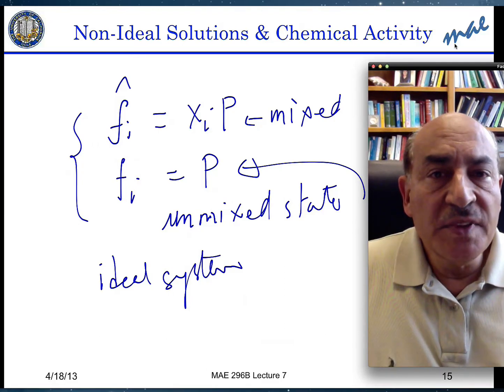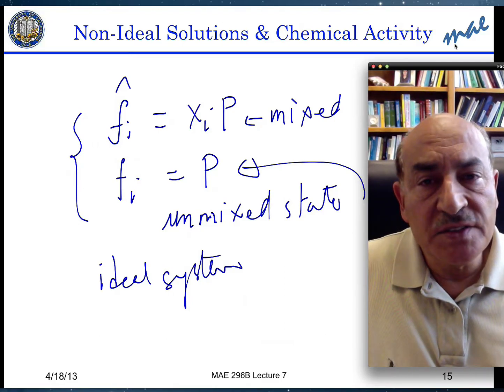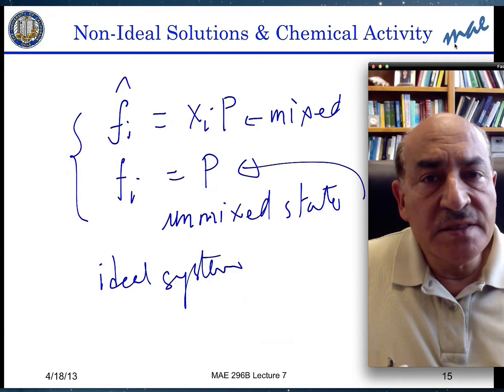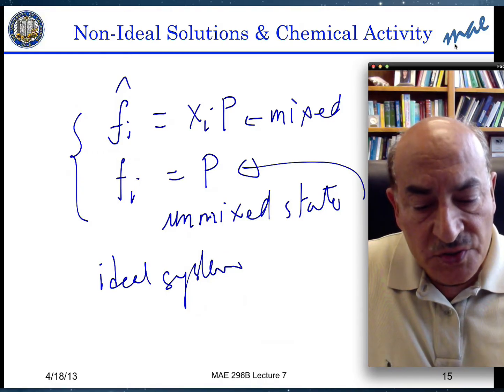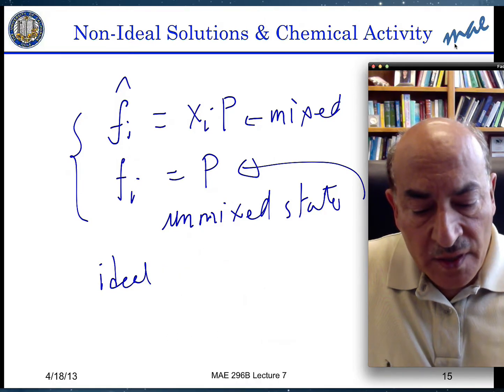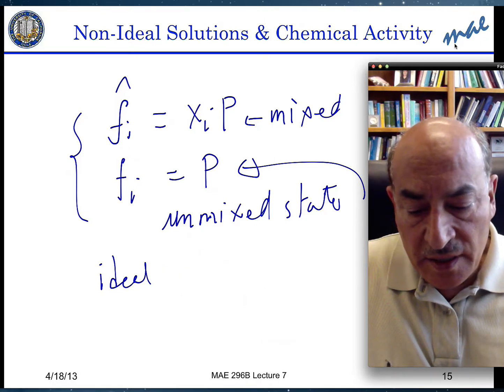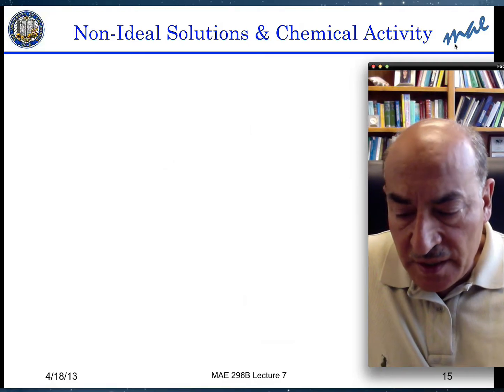I can do the same thing for the limits of integration of the real system. It will be just from the unmixed case, which is f sub i, to the mixed case, which is f sub i hat. So let's do that here, for the real case.